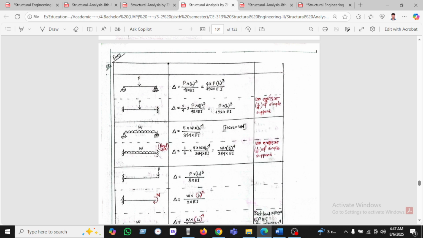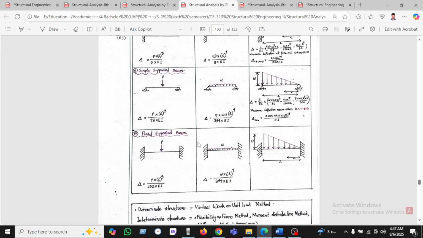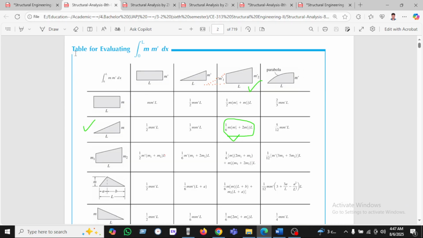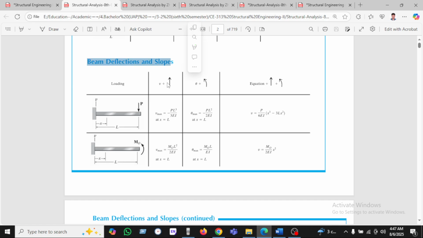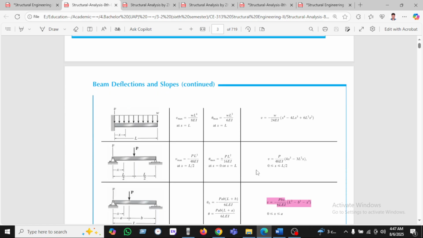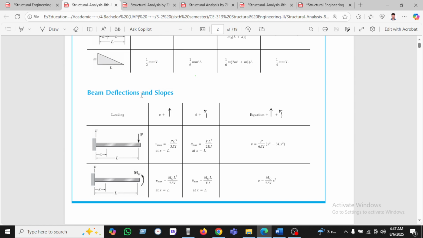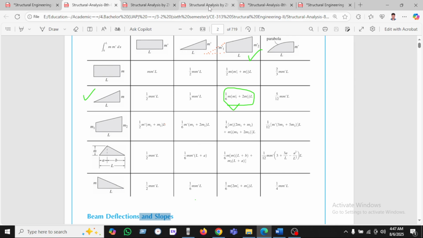We can use this deflection formula, and we have to use the table of deflections. So we will see the two types of deflection of a beam. These are the equations, and all the equations are given here. So we can use this table of deflection formulas also.